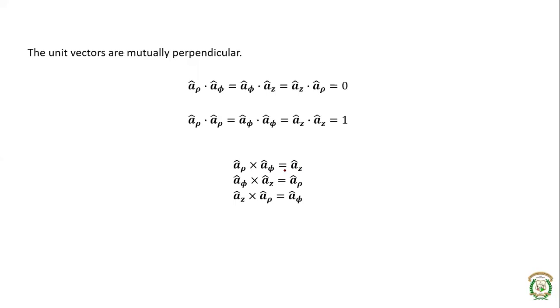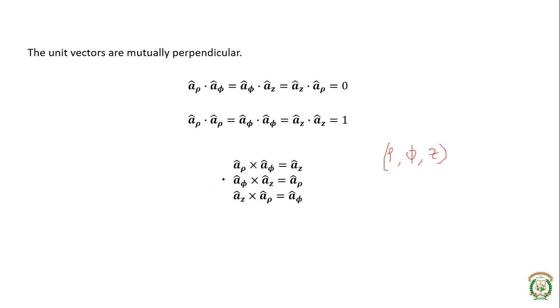So if you take a rho cross a phi, the result will be az. So it is actually rho, phi, and z in cyclic order. a rho cross a phi will be az. a phi cross az will be a rho. Then az cross a rho will be a phi.